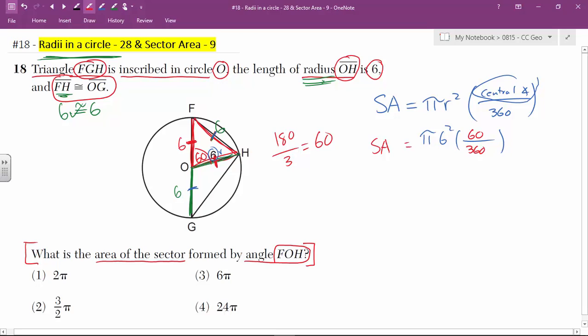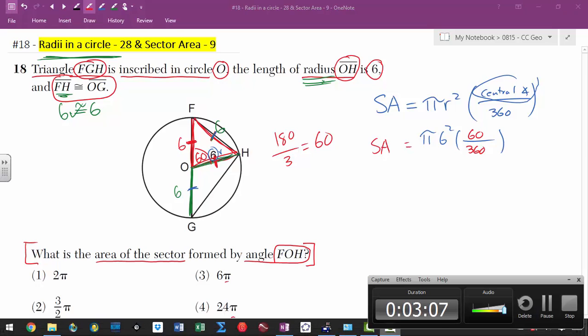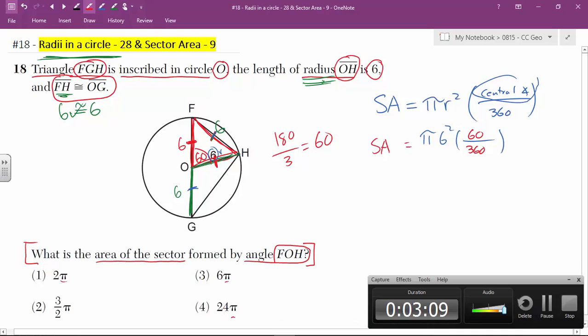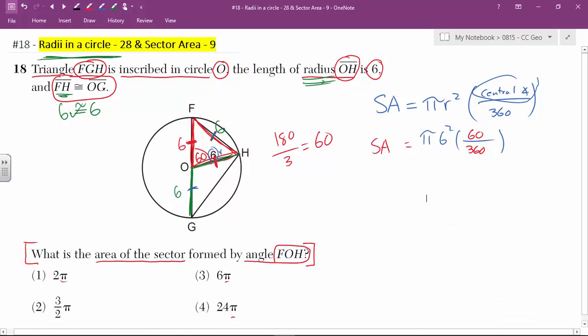So if I simplify, or you could type this into a calculator, minus the pi, because all your answers are in terms of pi. Let's see what's going to happen. Cancel, you get 6 over 36 pi. 6 squared is 36.